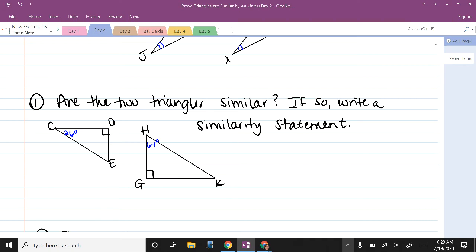So, how can we figure out if any other angles are similar or the same? But they have measures, right? Yes. So separately do that, right? 26 plus 90 and subtract from 180 will tell me the measure of angle E. Can y'all do that for me?